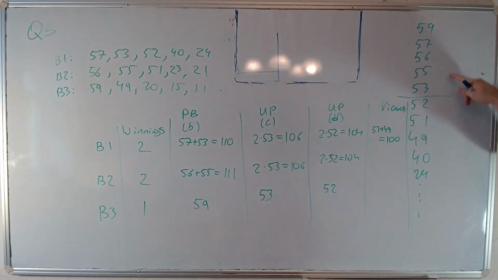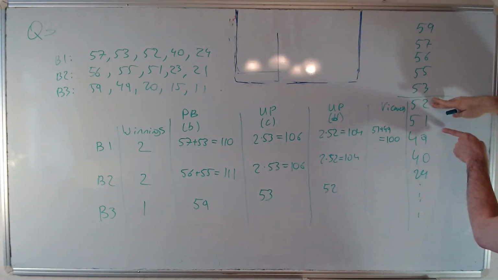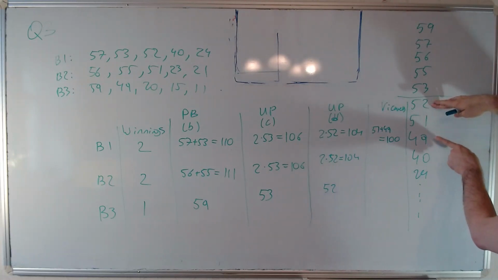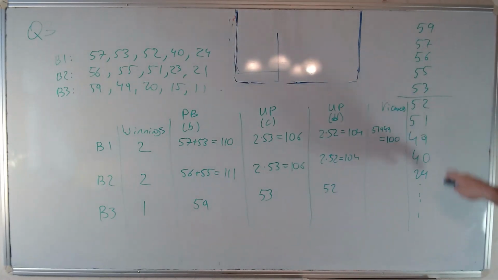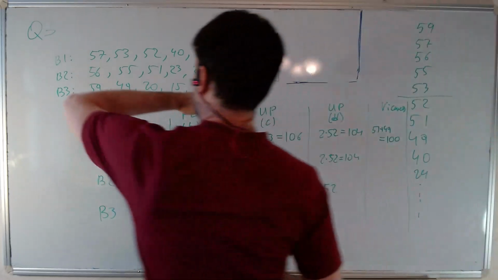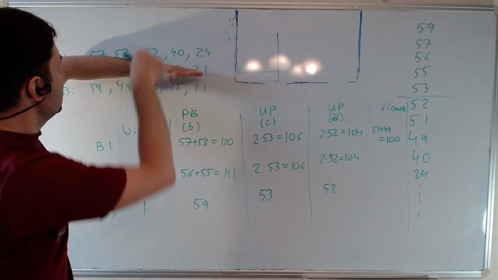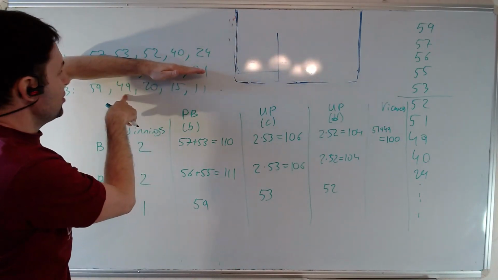A different way of looking at it is to go through the rejected bids and cross out bidder 1's bids. So for example, 52 is bidder 1's, so it cannot be applied. 51 counts, 49 counts. For bidder 2, if bidder 2 was not there, then this bid would have won and this bid would have won.